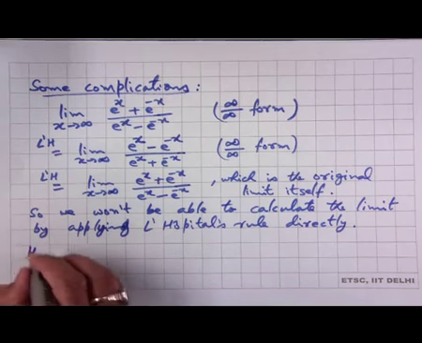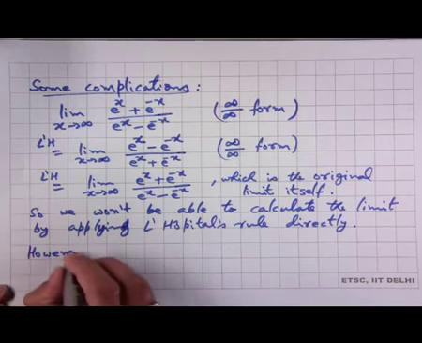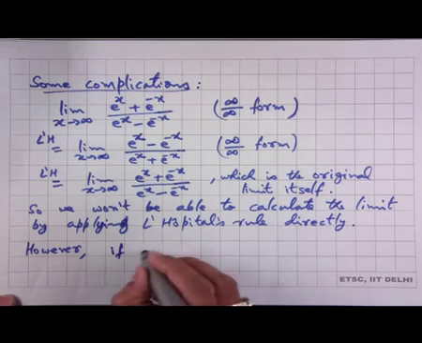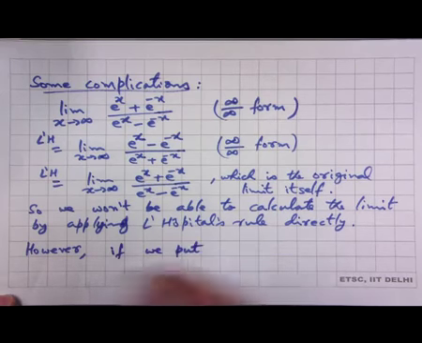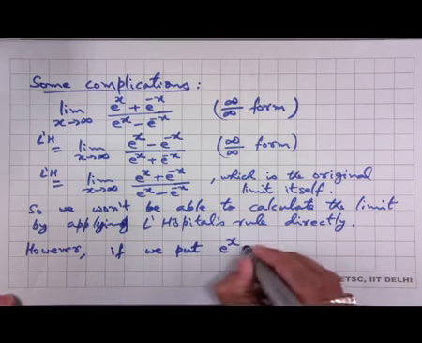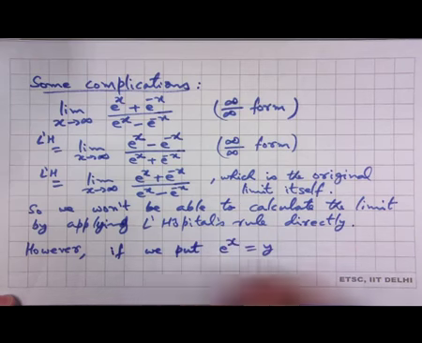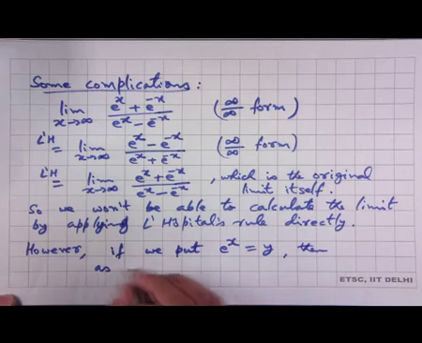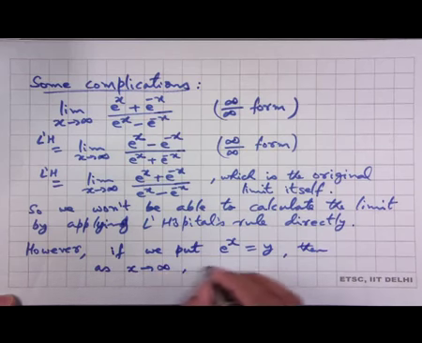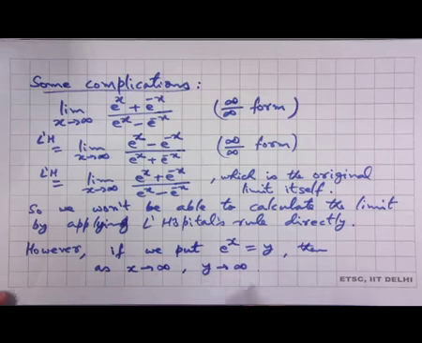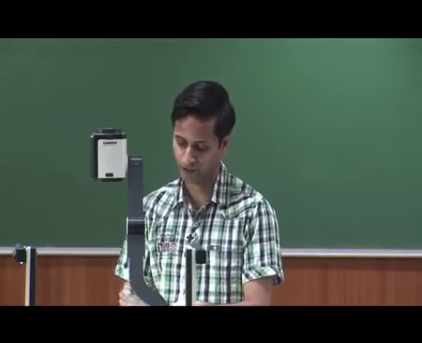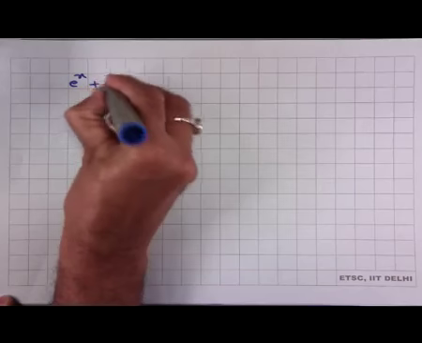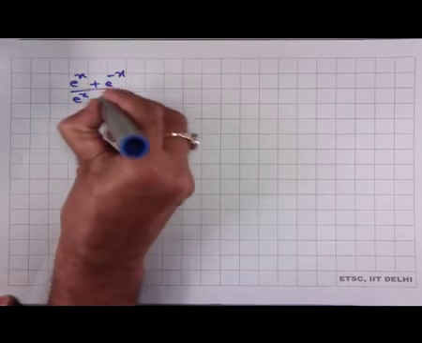However, if we put e to the x equal to y, then as x approaches positive infinity, y approaches infinity, and then the limit becomes e to the x plus e to the minus x by e to the x minus e to the minus x.